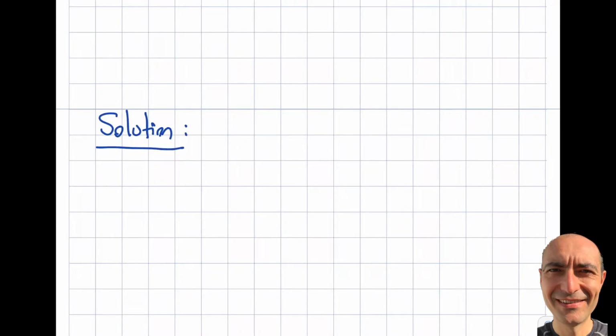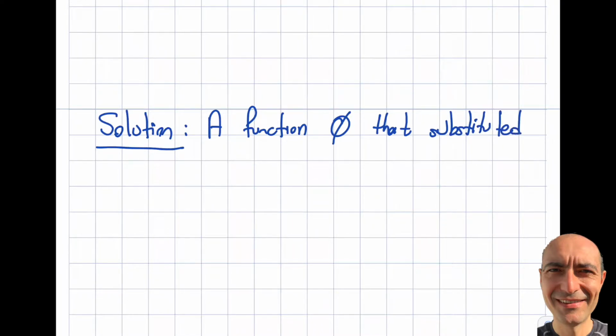Well, I mean, you've been doing solutions for a long time now as engineers. But let's write it. If I have a function such as phi that I substitute, let's be careful in my spelling, into the DE, it can be PDE or ODE, I'm not specific, that results in identity.